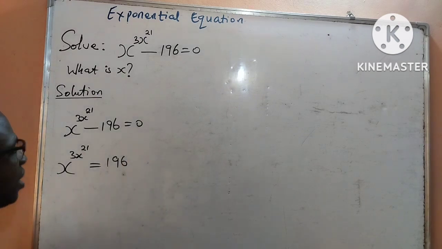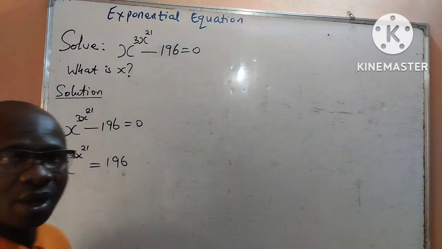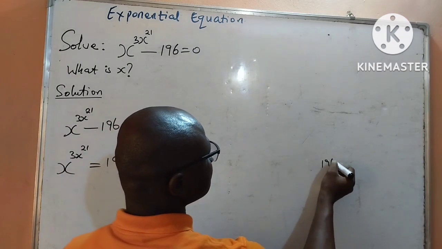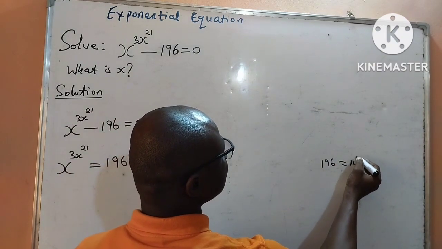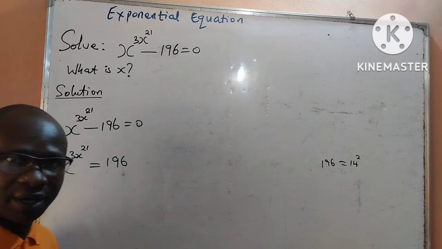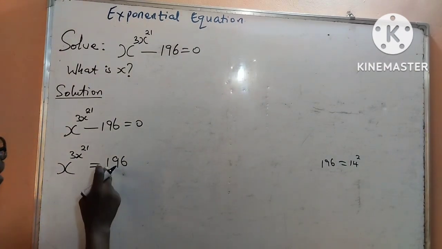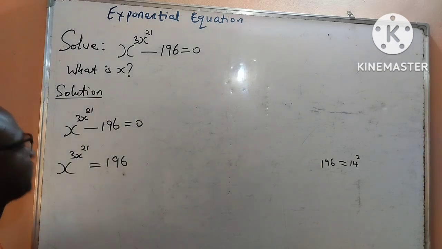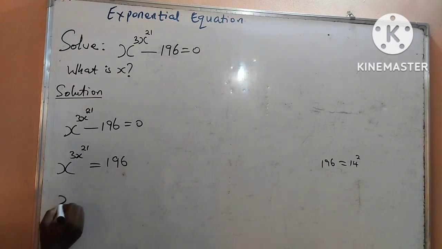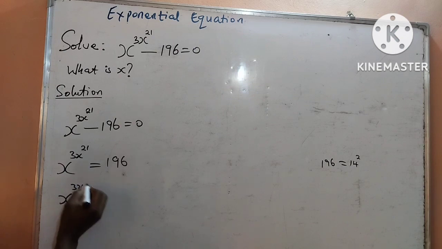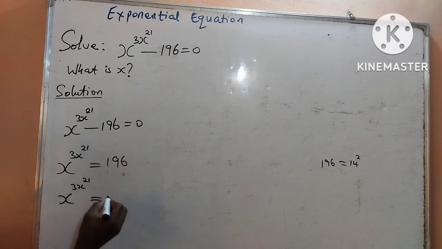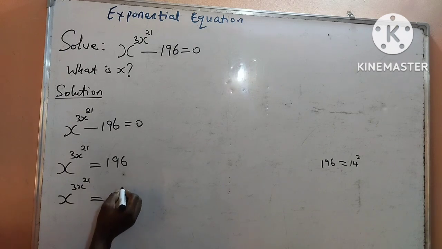Good. But also, 196 is the same as 14 raised to power 2, because 14 times 14 is 196. So I will have this 196 written as 14 to the power 2. Therefore, we write again x to the power of 3x to the power of 21 will now be equal to 14 to the power of 2.